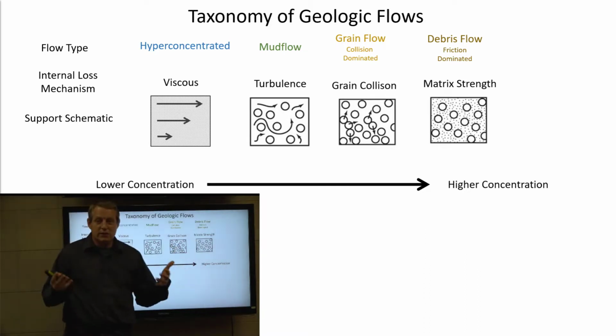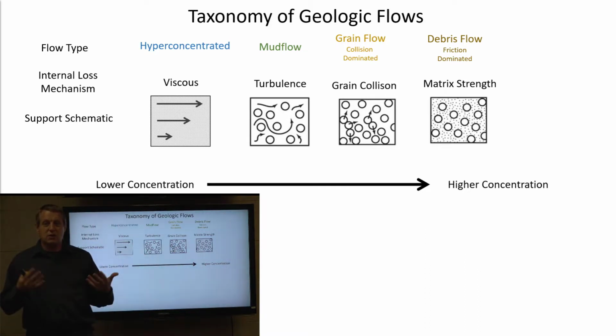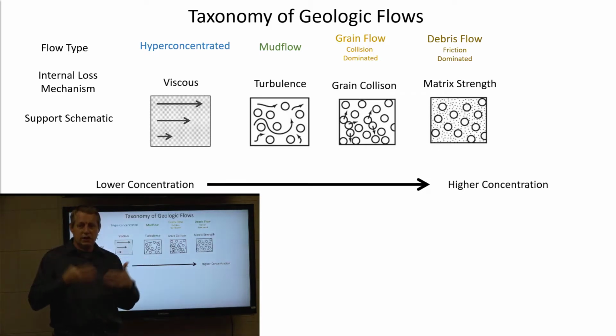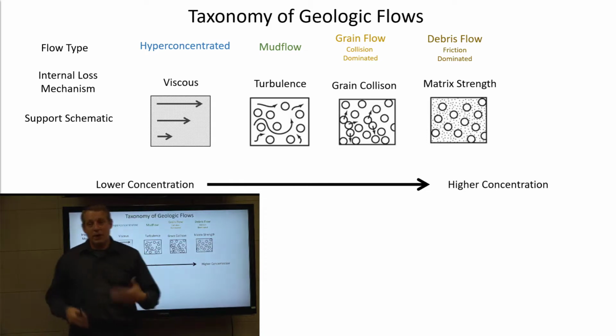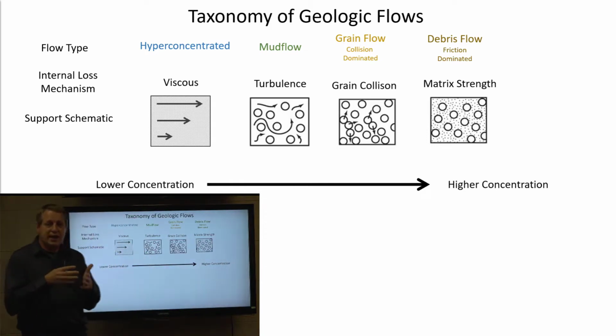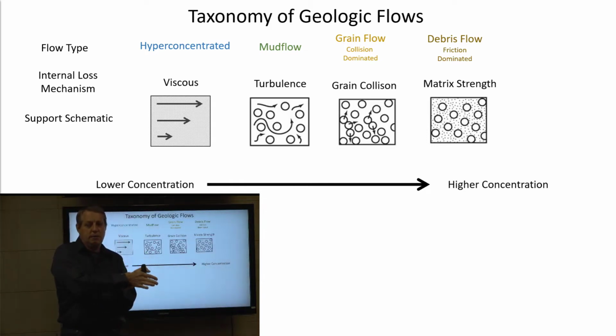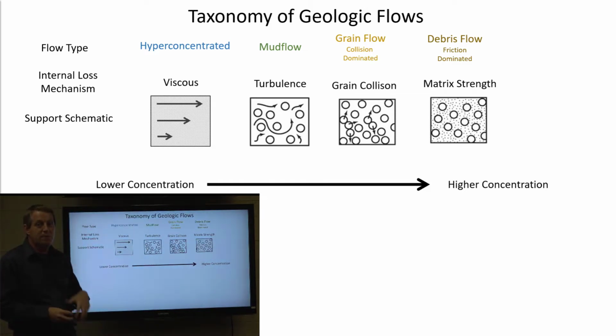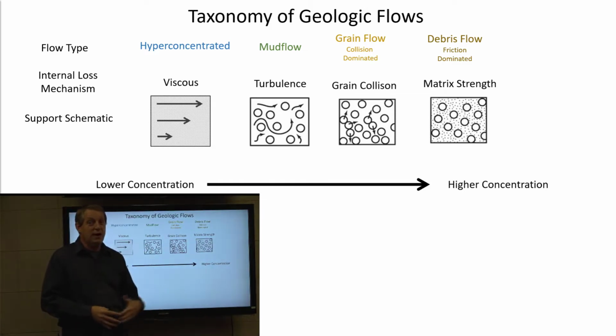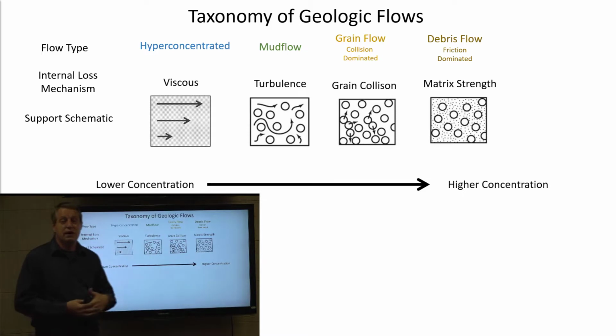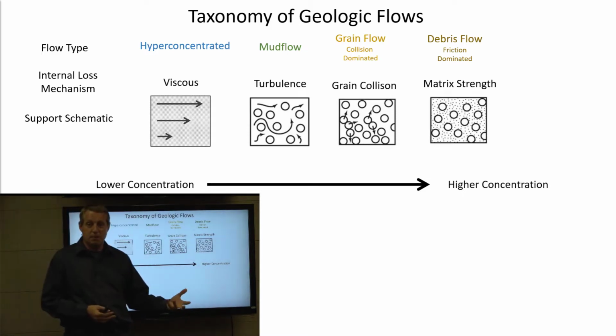But then finally you get to high enough concentrations that the solid phase particles start colliding, and you start losing energy and momentum in those collisions, until you get to the point where you have enough solids that you're no longer colliding, but you actually have friction between the particles. Then you start to transition from kind of a fluid to more of a wet geotechnical solid, and geotechnical equations start to become more appropriate.